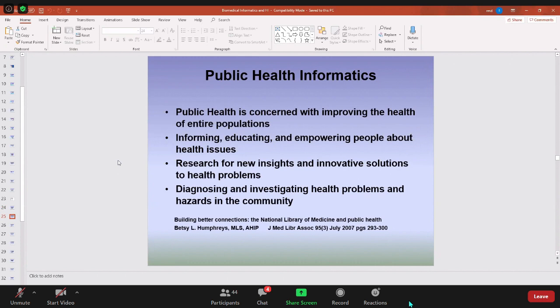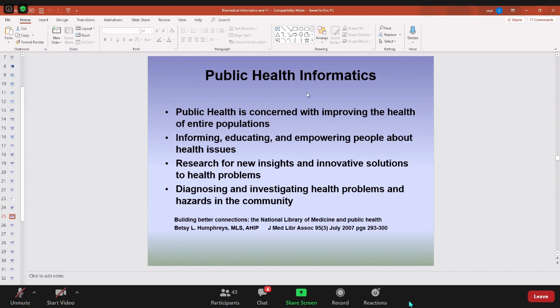For example, how a particular simulation can be done to look at certain outbreaks, a certain pandemic. What components are important in the information that serves all these particular diseases, and so on. And of course, in diagnosing and investigating health problems and hazards in the community.